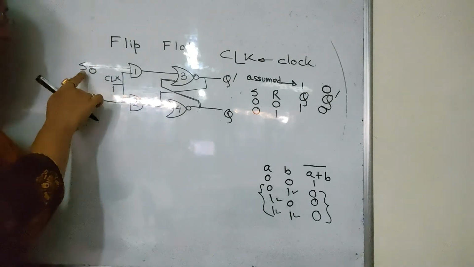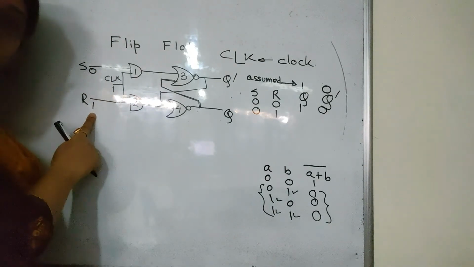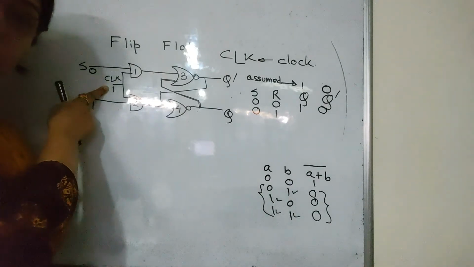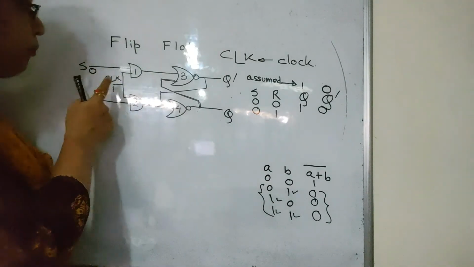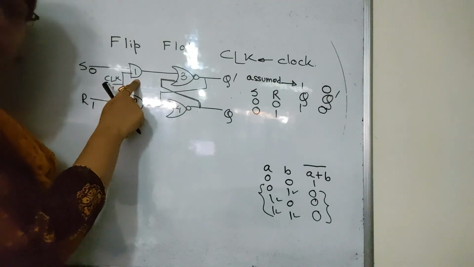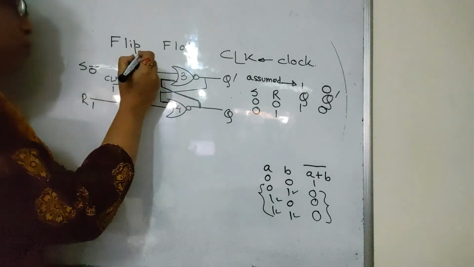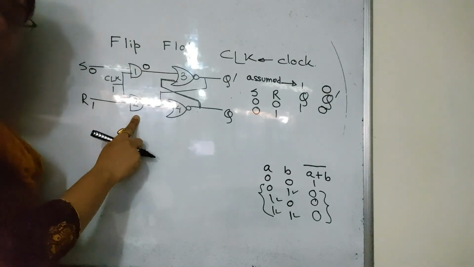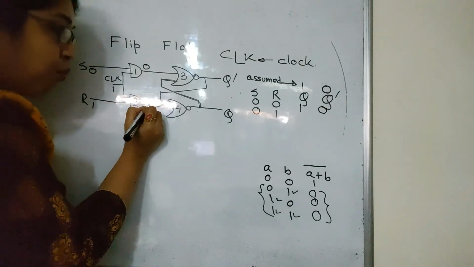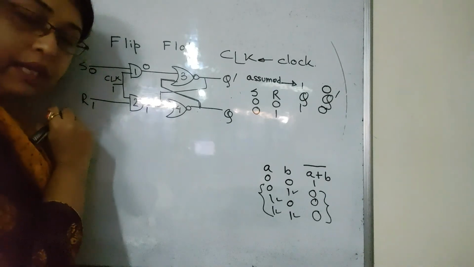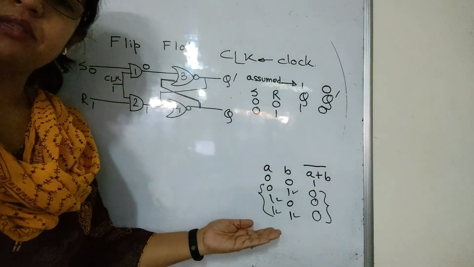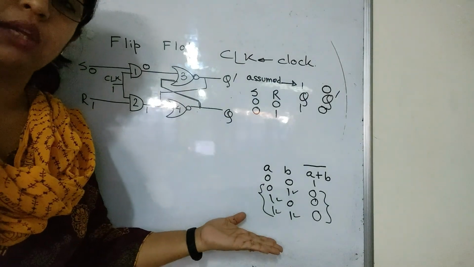Now, when S value is 0 and R value is 1, since clock is always 1 to keep the flip-flop activated, AND gate number 1 is going to give us an output of 0 and AND gate number 2 is going to give us an output of 1. Correct? Now, according to NOR gate, always take the high inputs.